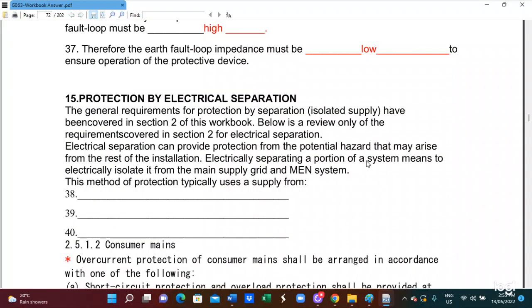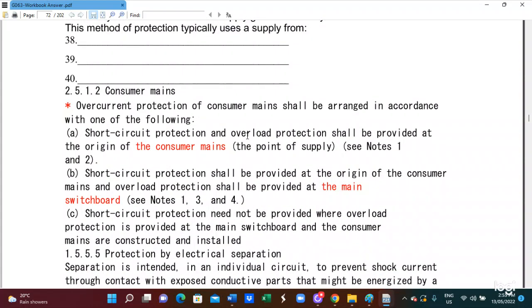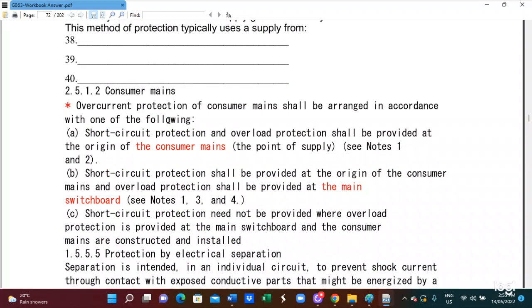Now there is protection by electrical separation. The general requirements for protection by separation, isolated supply, have been covered in section 2 of the workbook. So in section 2, you can learn about protection by electrical separation. Also, we're talking about the consumer main, which is mentioned in clause 2.5.1.2.